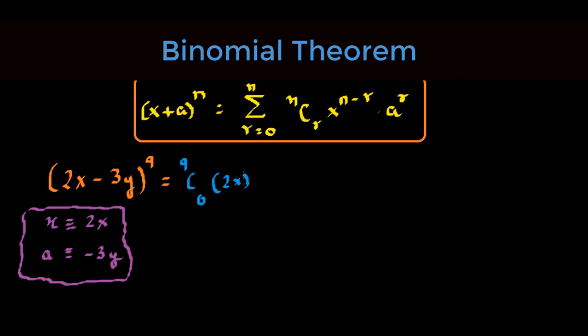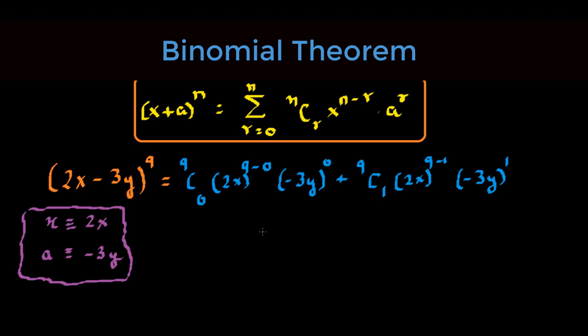So what we should get is 2x to the power 9 minus 0 times negative 3y whole raised to the power 0, plus 9C1 (2x) to the power 9 minus 1 times negative 3y raised to the power 1.